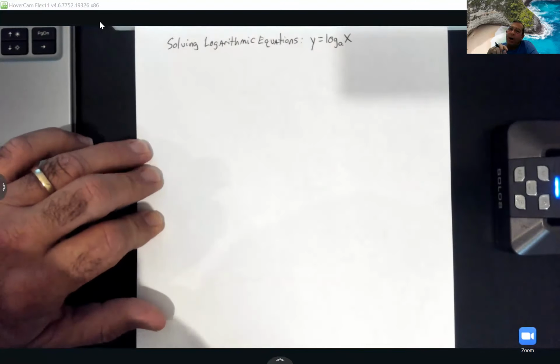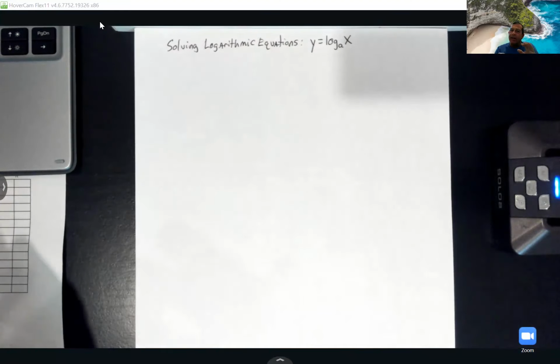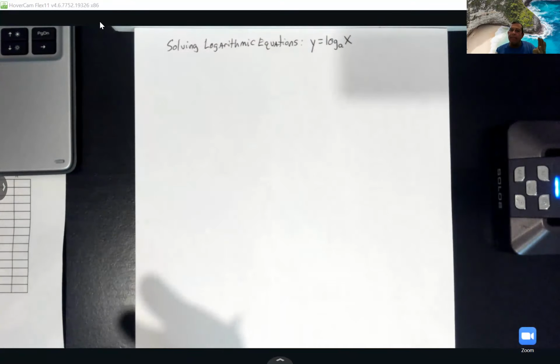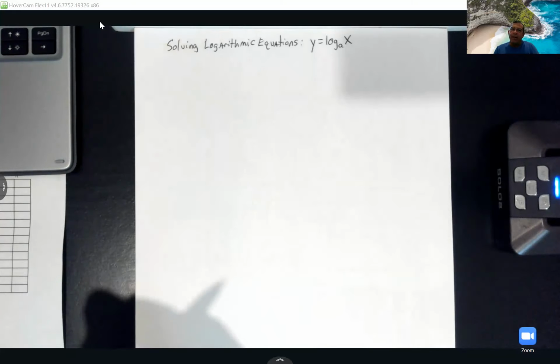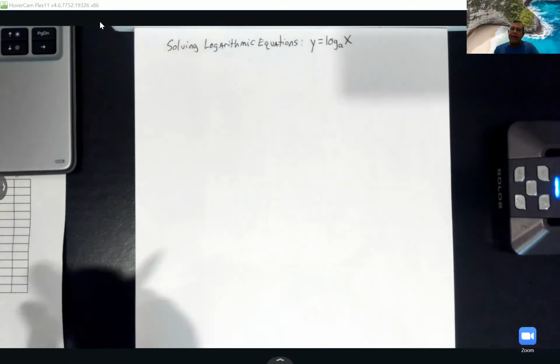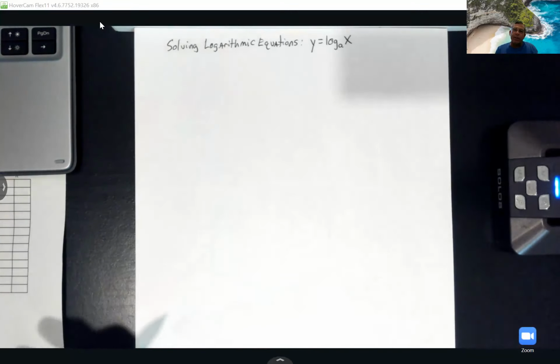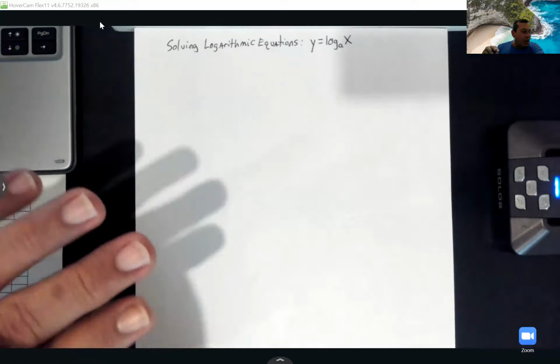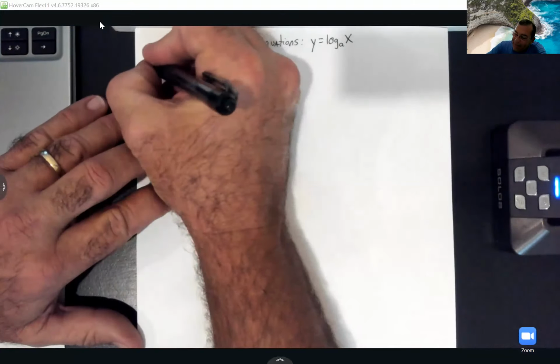Now, since we're doing logarithmic equations, all those properties we did last Thursday, those properties of logarithms, they're all in play. Remember, I can rewrite products as sums and sums as products. I can rewrite quotients as differences and differences as quotients. Okay, so all them little properties are going to be in play.